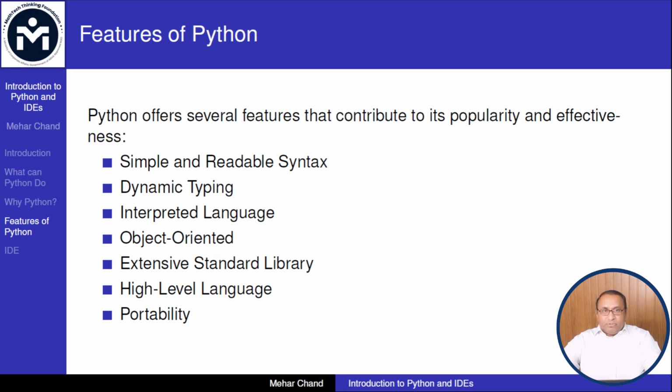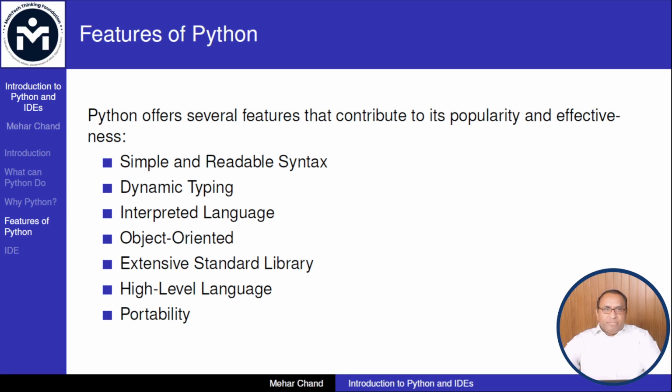Python has an object-oriented programming paradigm, enabling the creation of reusable and modular code. This feature encourages a structured approach to software development, enhancing code organization and maintainability. One of Python's strengths lies in its extensive standard library.